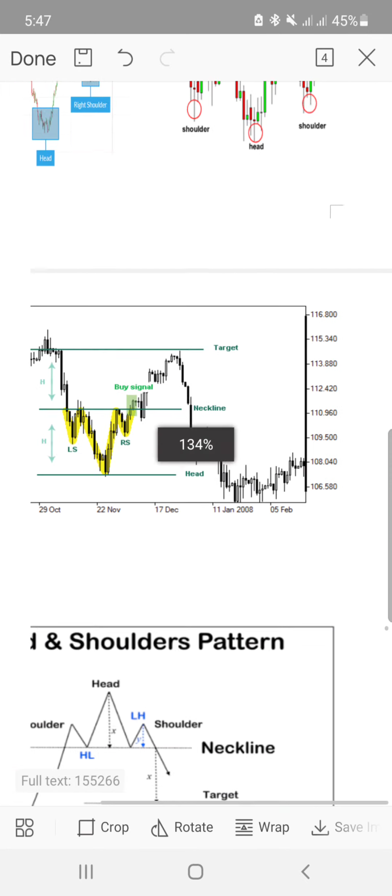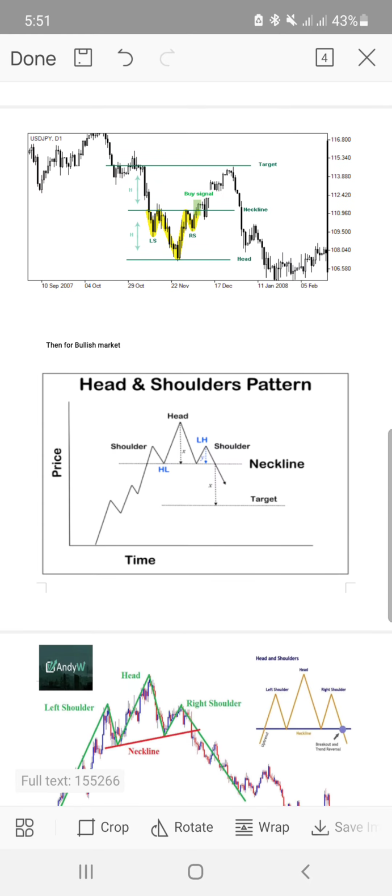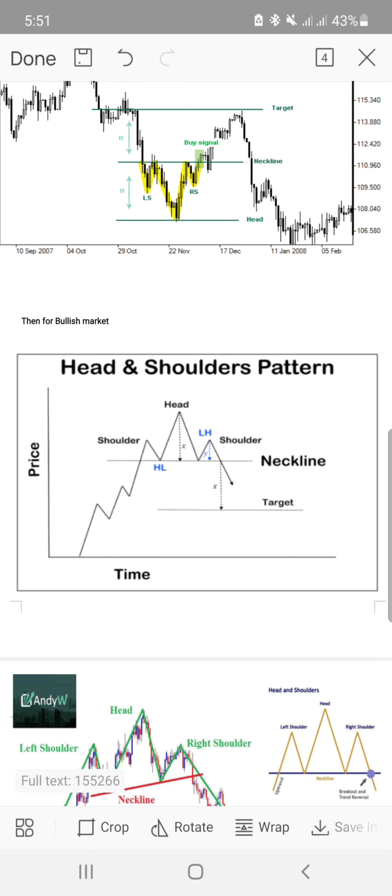Let me look at an example in a bullish market. This is just how it goes for a bullish market. The market goes up, as you can see in this diagram, right? Then comes down to form the first shoulder.